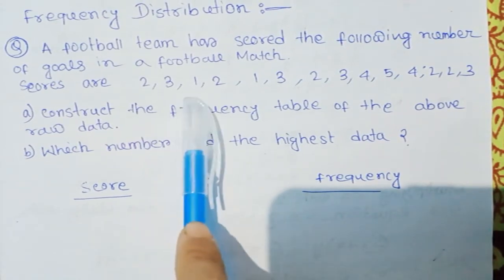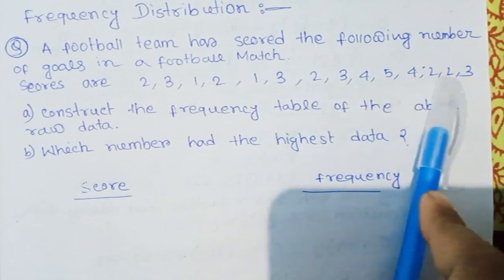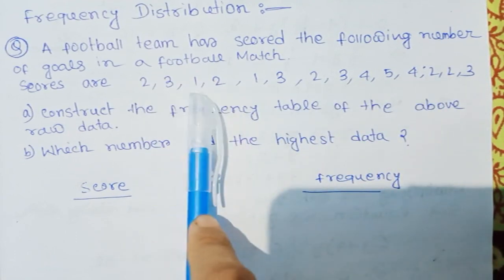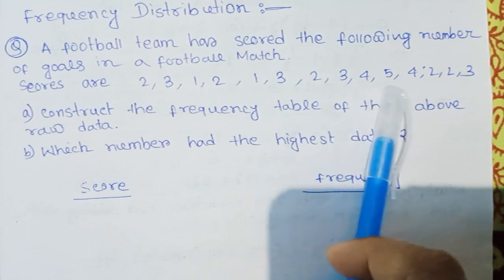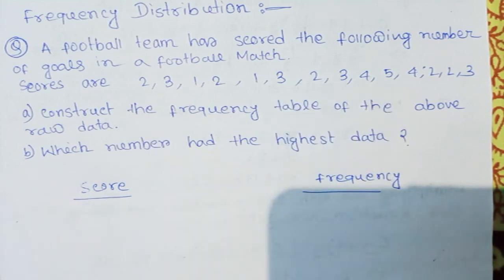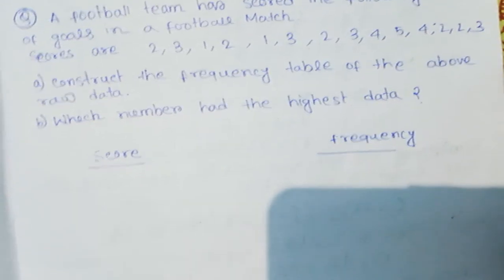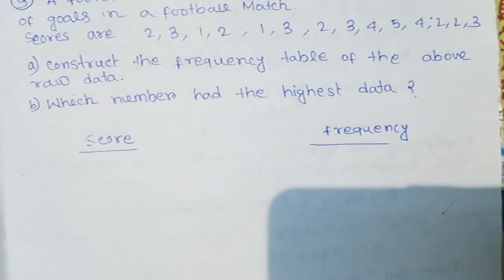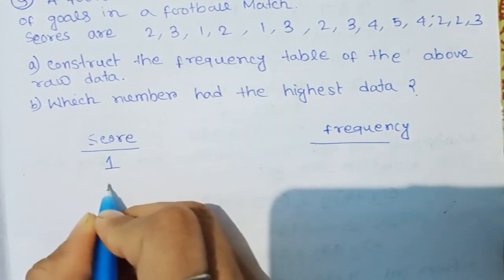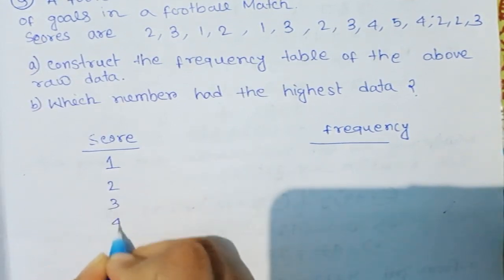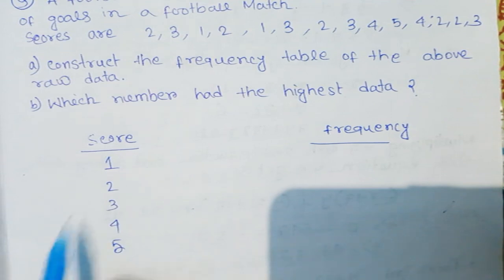See the minimum one, minimum is 1, and the maximum score is 5. So we are constructing a simple frequency table right now. So 1 to 5, 1 2 3 4 5, the minimum to maximum we have written.